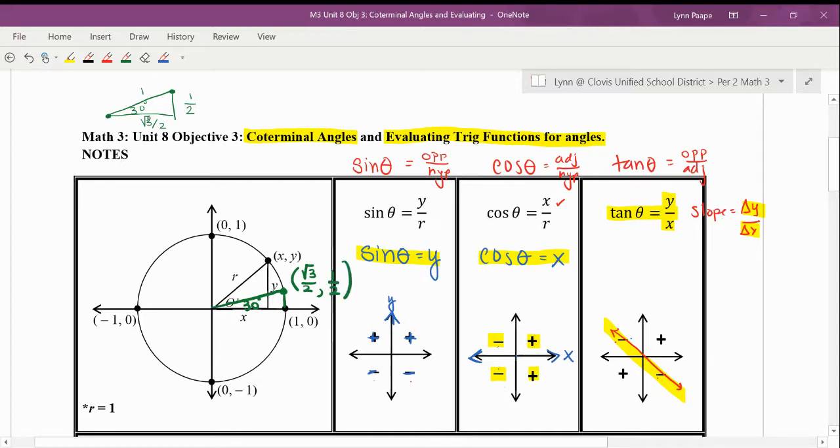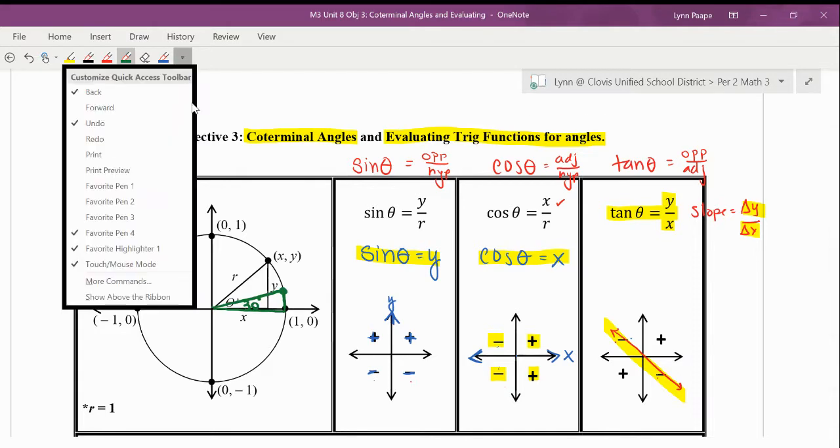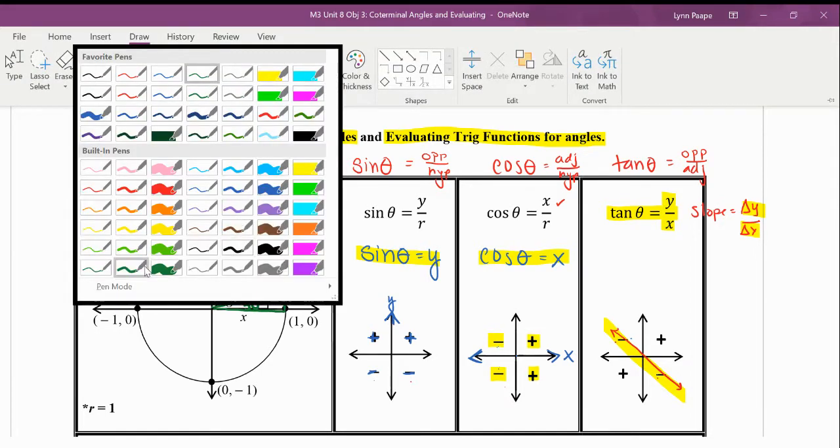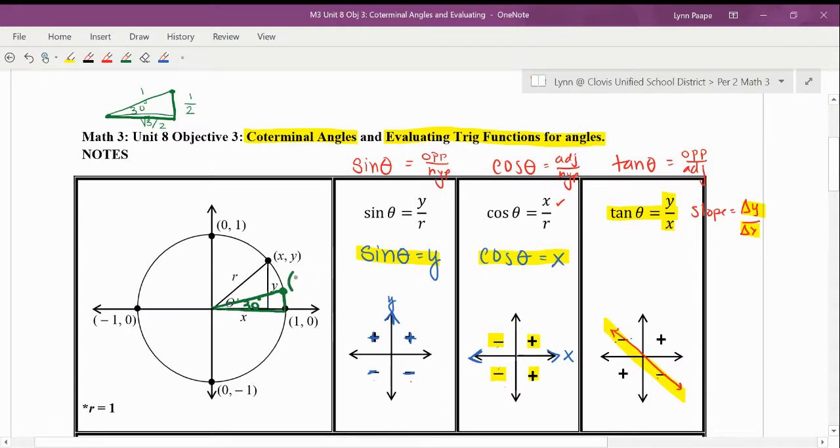So what did I do? I went over root 3 over 2 and up 1/2. And that's the same thing here, right? So that means the ordered pair for a 30-degree is root 3 over 2, comma 1/2.